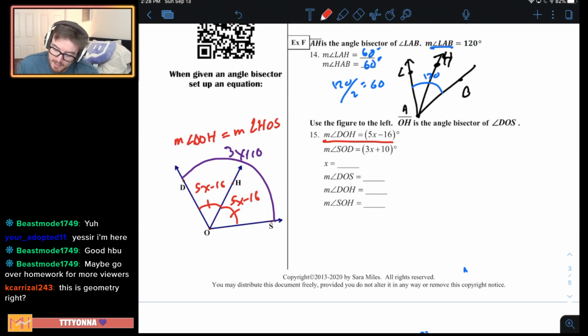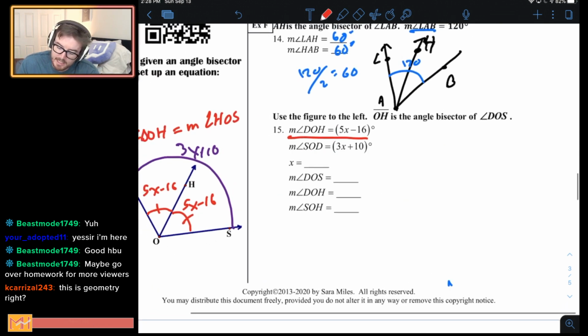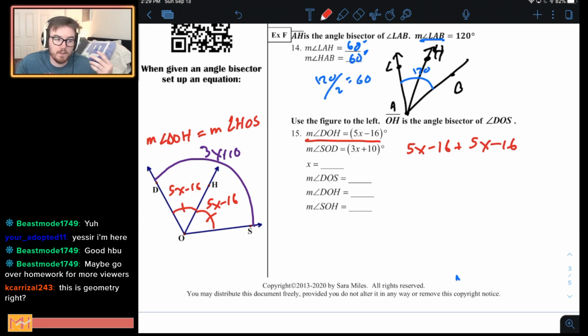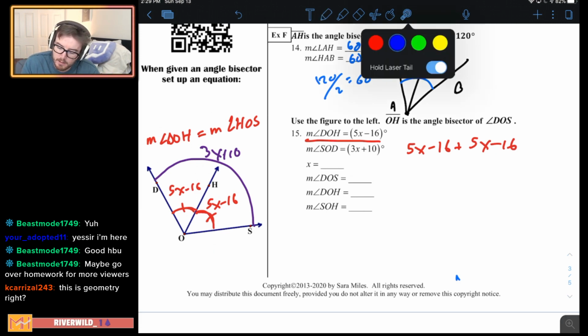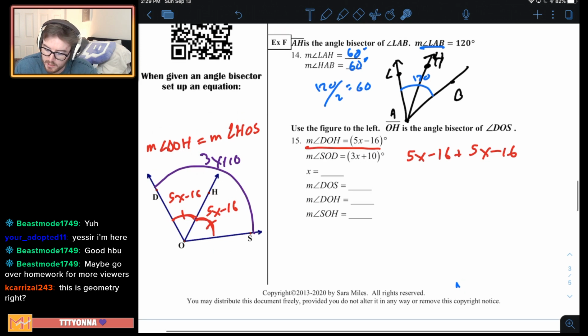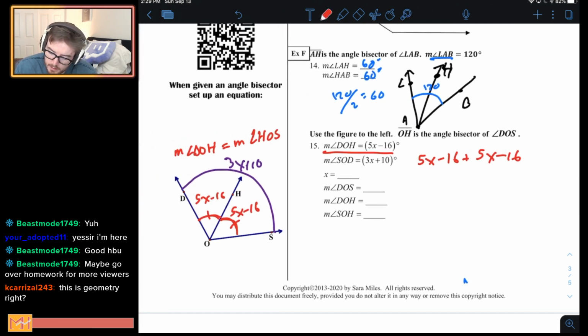So with that being said, what do we know? What does the angle addition postulate say? It says add the two smaller angles, even if they're the same. Add the two small ones, and together they make the entire thing, which is how big? 3x plus 10 big.